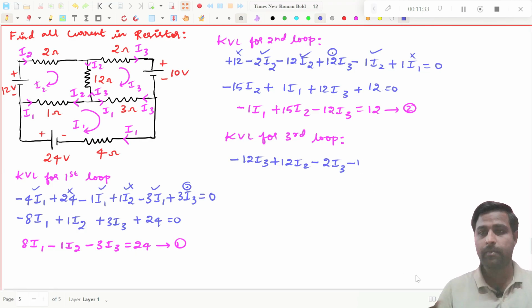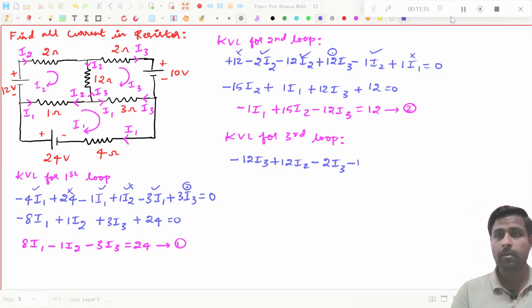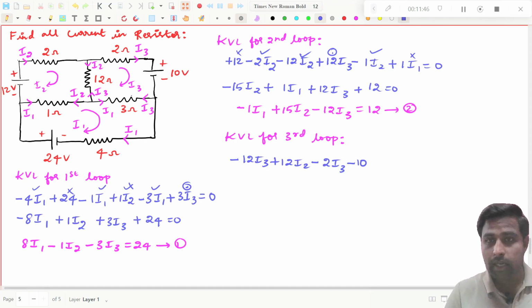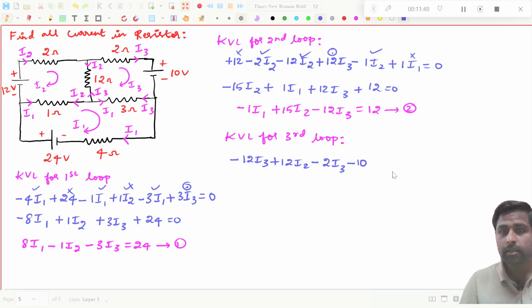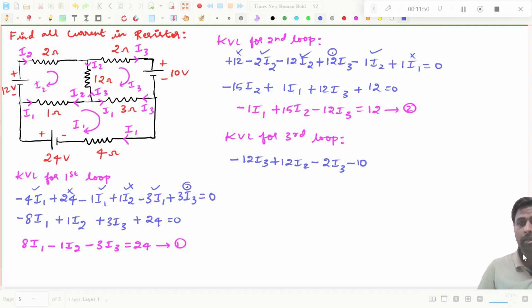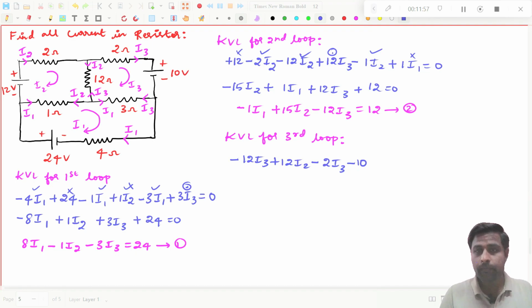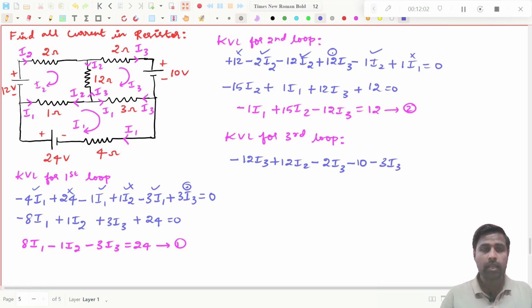So this will be minus 10, and you have to come in this way. Again I'm traveling in the same direction, so I have to put minus 3 into I3, and I have to travel in this way.